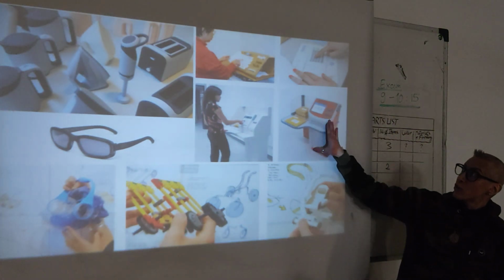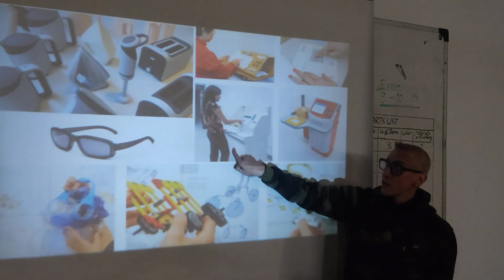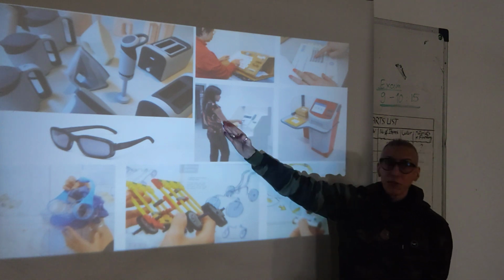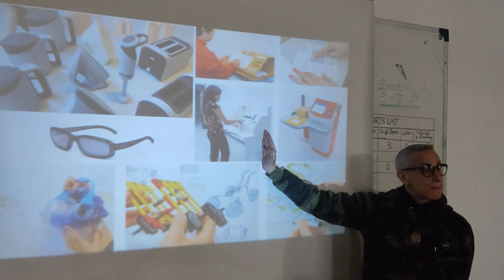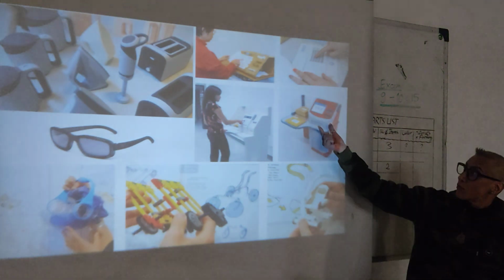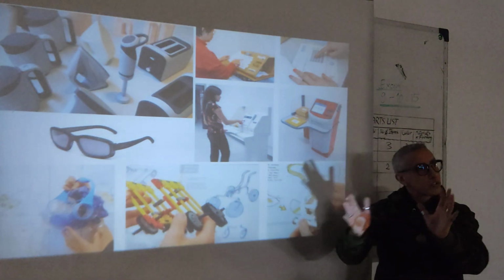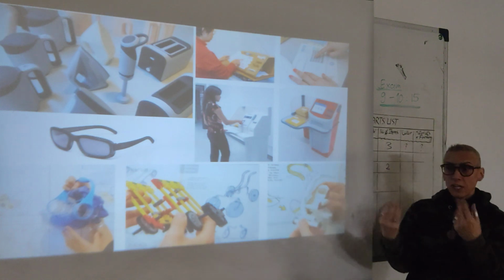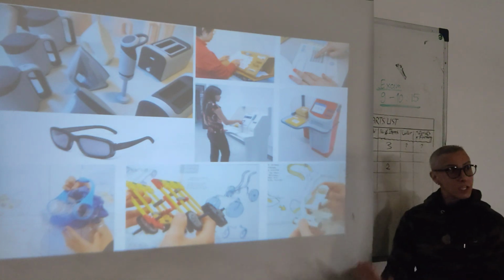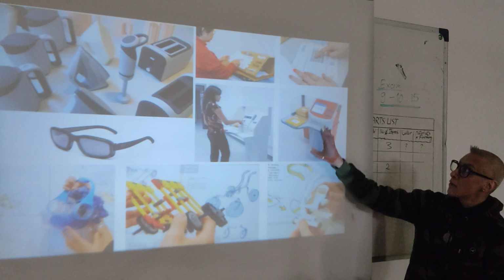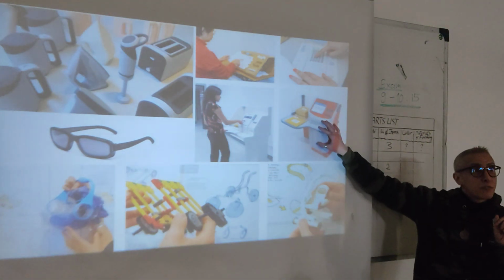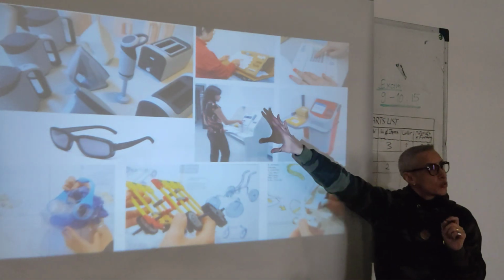A prototype can also be to test something, like: does this object fit the user? So it can be made out of more simple materials. It needs to look close to the final product so that the user can understand everything and use it as if it's a final product, but it doesn't always have to be fully functional. These are also prototypes.